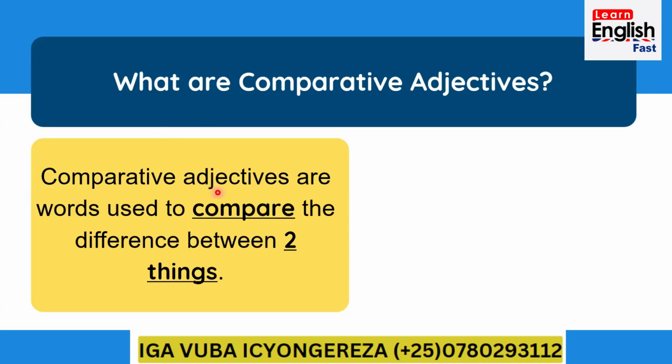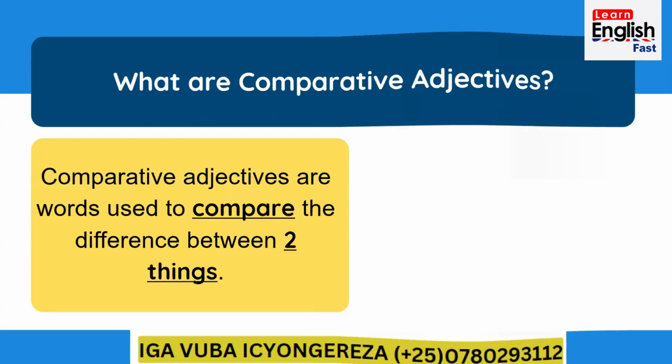Comparative adjectives are words used to compare the difference between two things. Comparative adjectives ni amagambo akoreshwa ugereranya itandukaniro hagati y'ibintu bibiri, ugaragaza ngo ibi bintu bibiri bitandukaniye hehe. Those are comparative adjectives. Ibyo nibyo twita comparative adjectives.